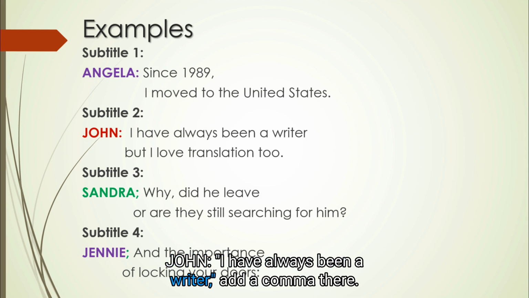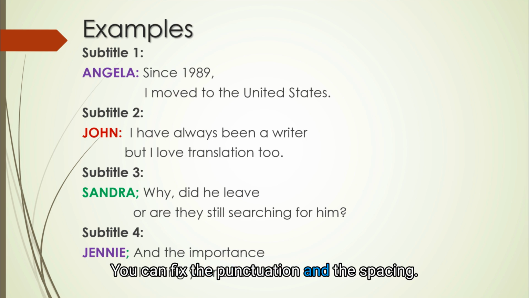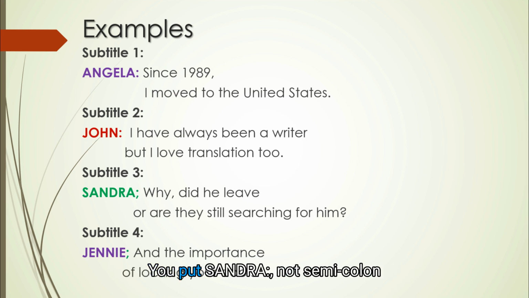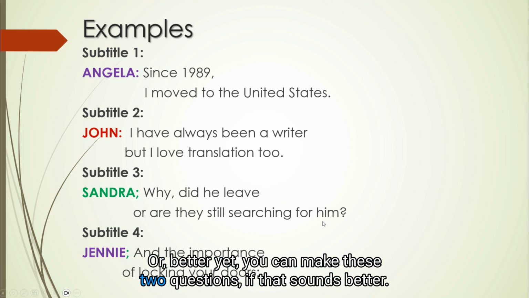John, I have always been a writer, add a comma there, but I love translation too. Subtitle 3, you can fix the punctuation and the spacing. You put Sandra, colon, not semicolon. Why did he leave, comma, or are they still searching for him? Or better yet, you can make these 2 questions if that sounds better.